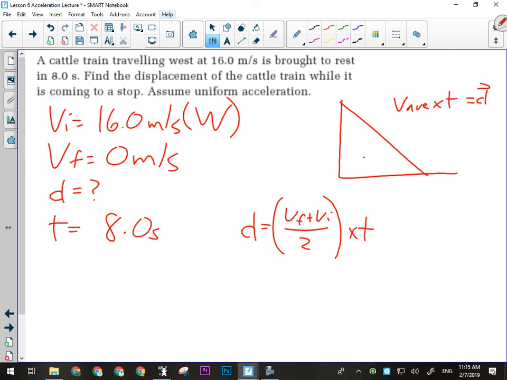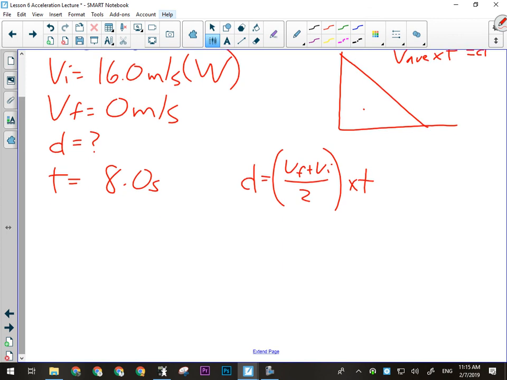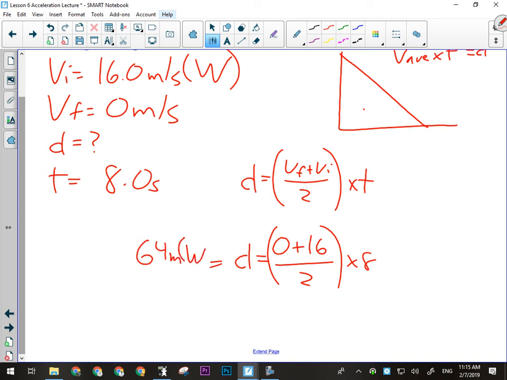All right, you guys seeing the importance of writing down our givens? We got to match it up with whatever formula we can use here. So D will equal in this case 0, that's VF, plus VI, 16, divided by 2, and that takes 8 seconds. So we got 16 over 2, which is 8, times 8 is 64. So the displacement of this cattle train will be 64 meters west.